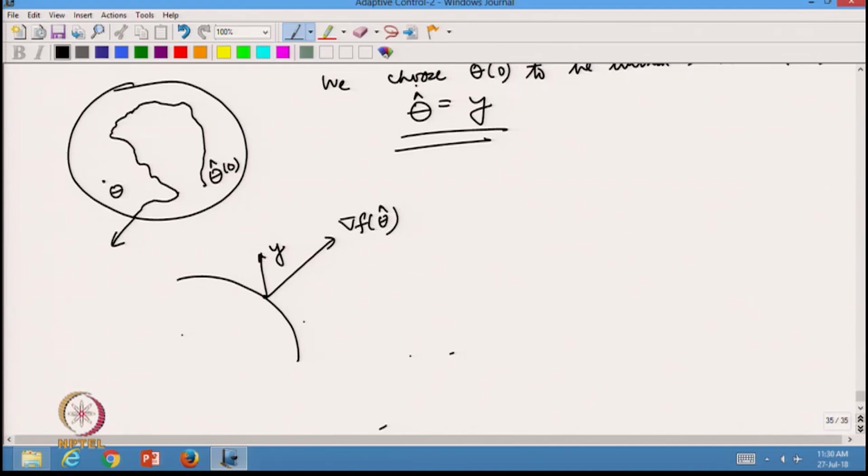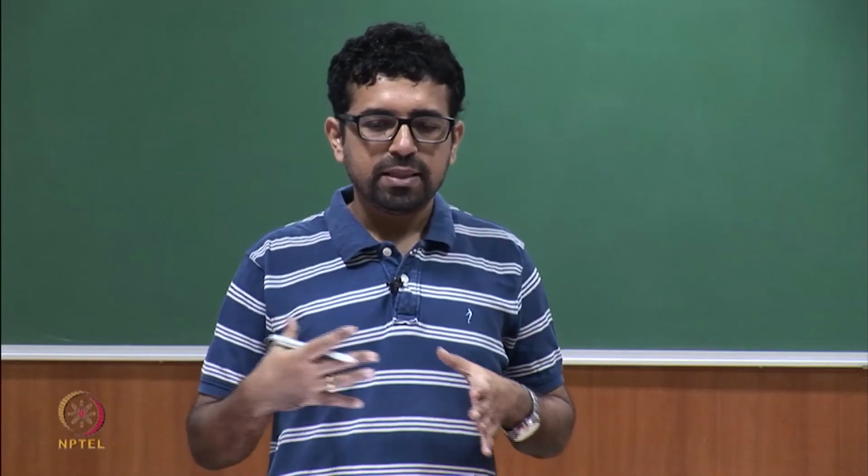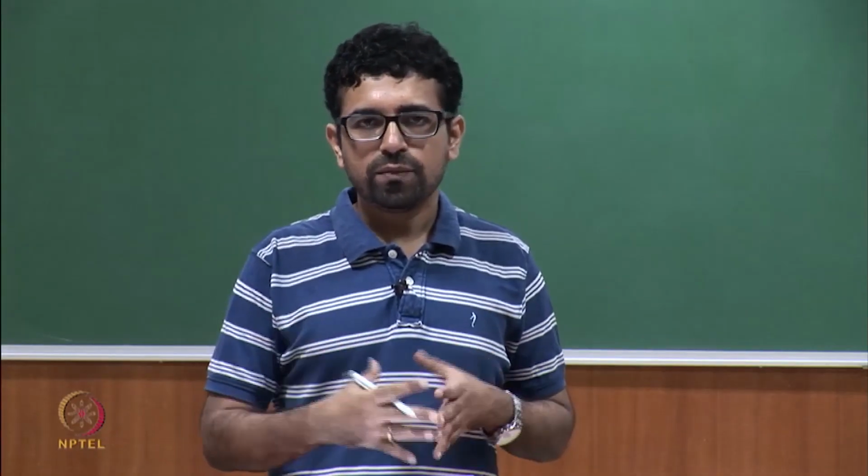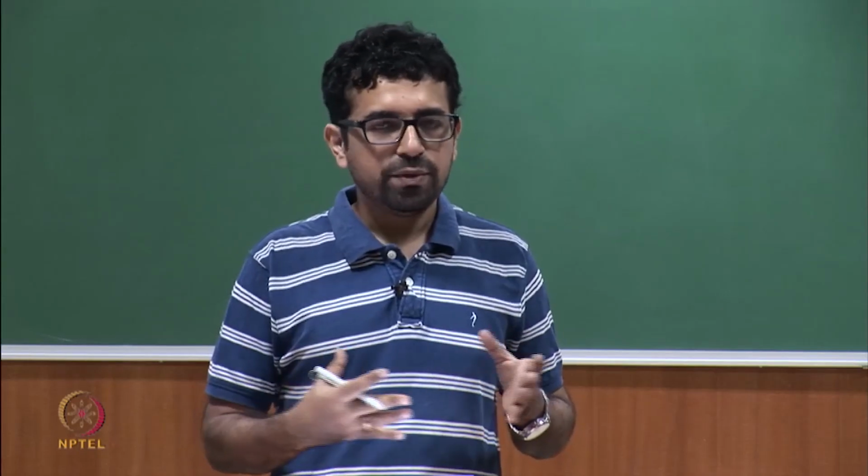And if the dot product comes out to be positive, it means that the vector y is pointing outside of the convex set, and if the dot product of y and this gradient of f comes out to be less than or equal to 0, then it is either pointing along the tangent, or it is pointing inside, which means that at the next instant it will either be on the boundary of the convex set, or it will move inside.